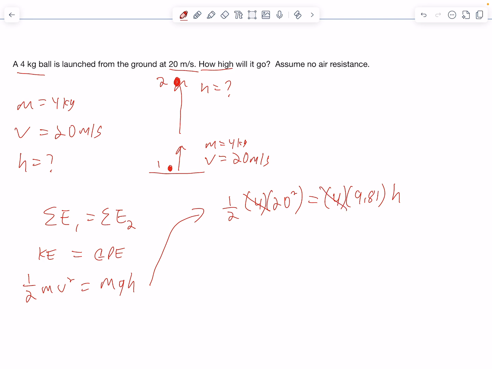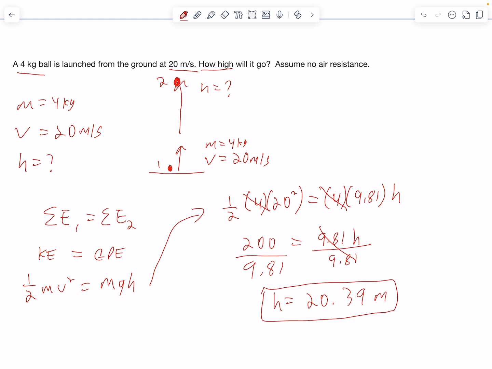So I have half of 20 squared. 20 squared is 400. Half of 400 is 200. And then to find h, I'm going to divide both sides by 9.81. So we have 200 divided by 9.81. We get a height of 20.39 meters.